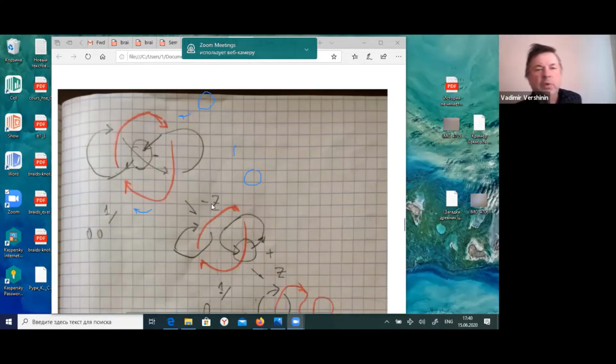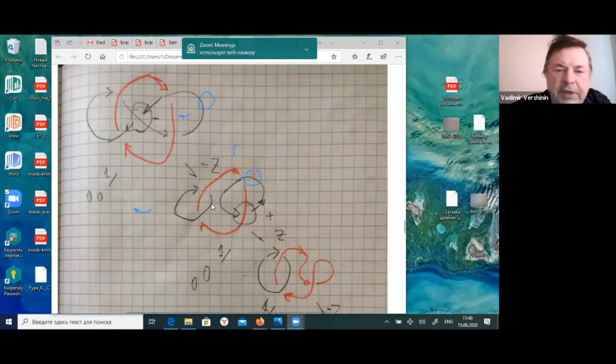Minus z, what will happen? This is true, the same as Raphael's calculation. Smoothing gives you a 3-component link, like an analog of Hopf, but with 3 components. So each of them, maybe not this one is unlinked, but each red and black, it is linked.